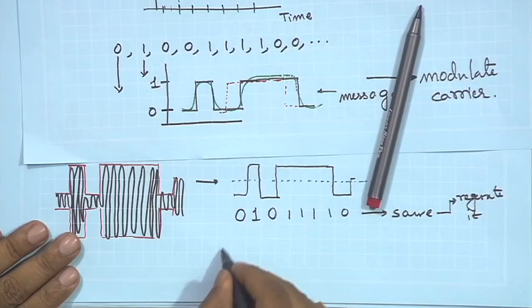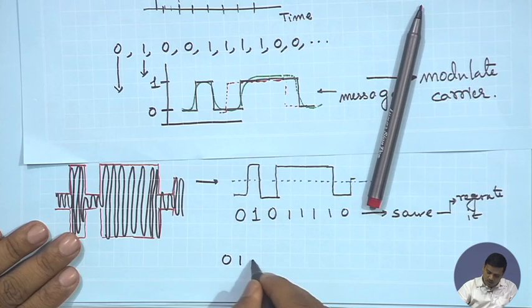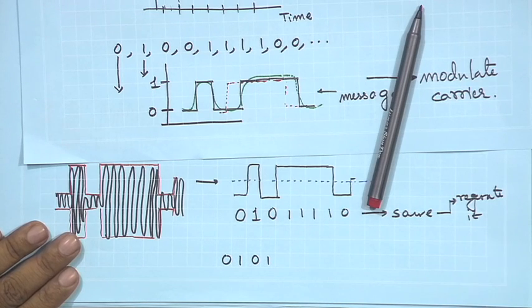For instance, we can discuss very little bit as of now. We can say that let us form groups of 2 bits, or let us form groups of 4 bits. When we form groups of 4 bits, we are going to add one parity bit along with that. So, suppose my sequence is 0, 1, 0, 1, right.